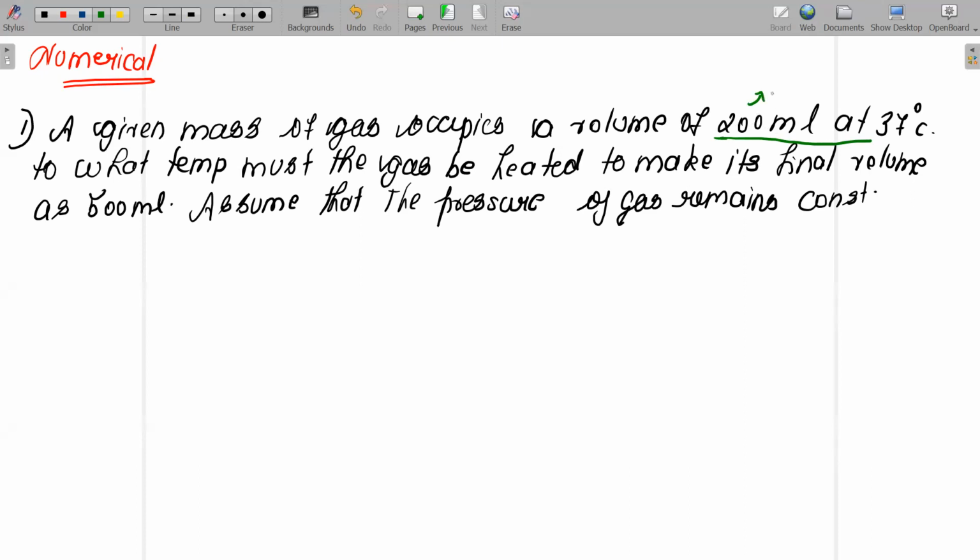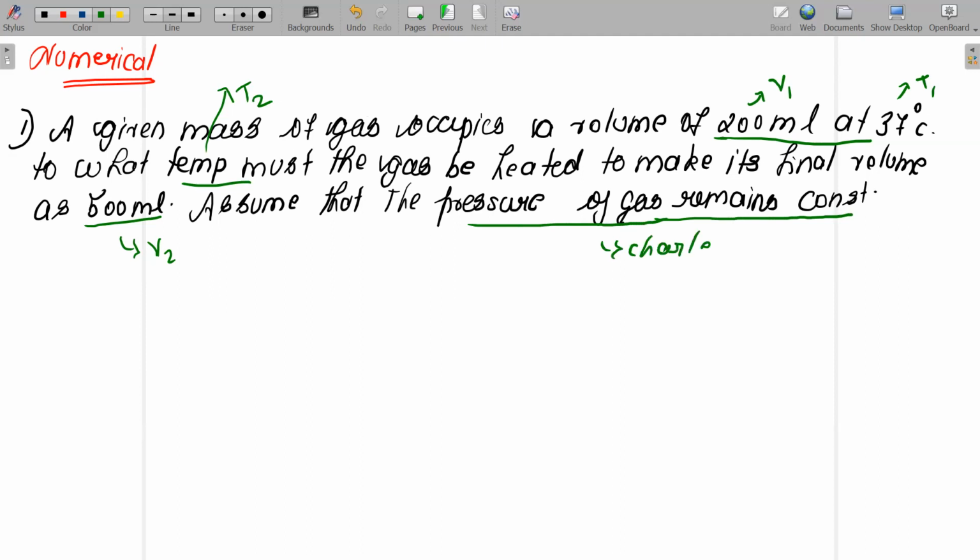This is the initial volume, that is V1, and 37 degrees Celsius is T1. The final volume is given, that is V2. You should find T2, right? And they have given that the pressure of the gas remains constant. That shows it is nothing but Charles' law.